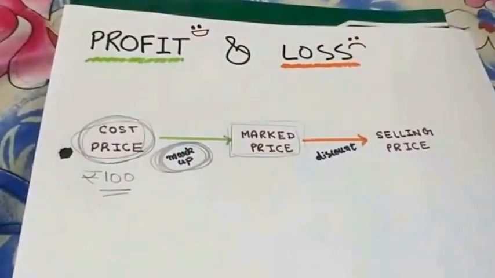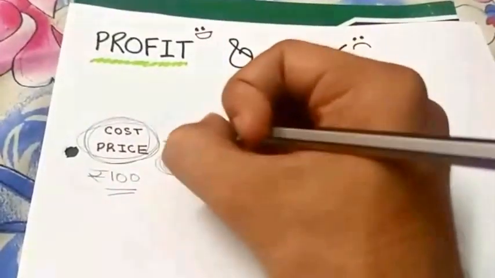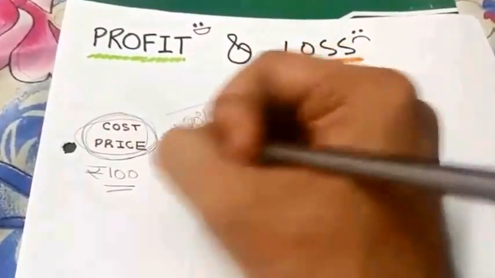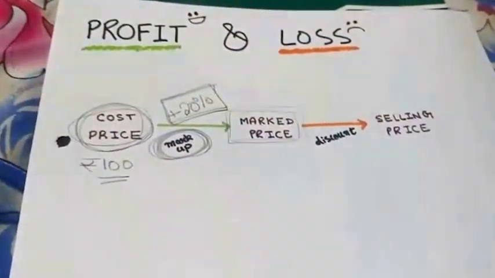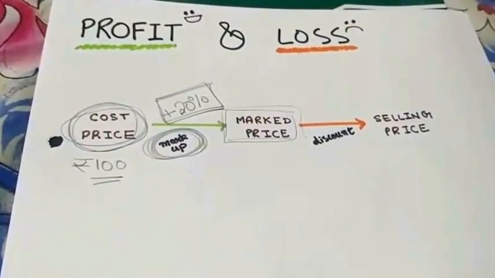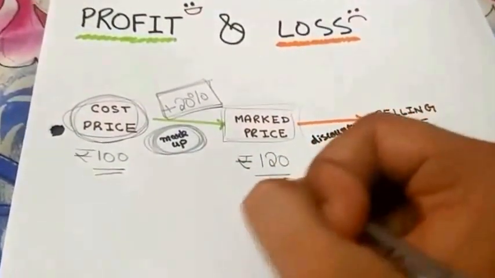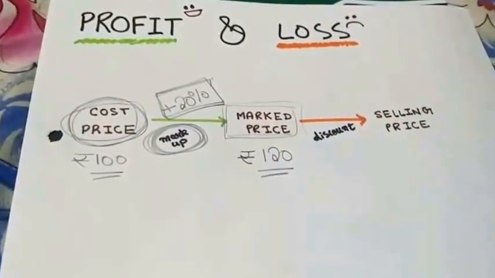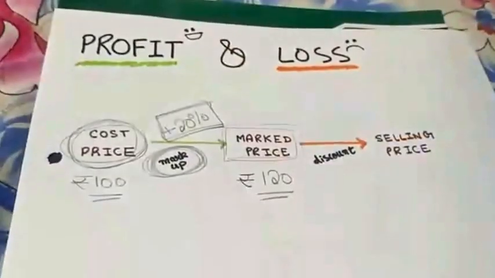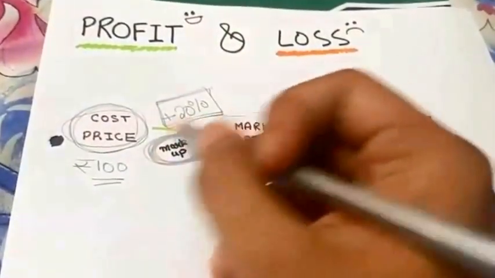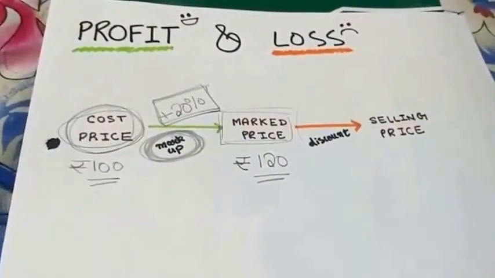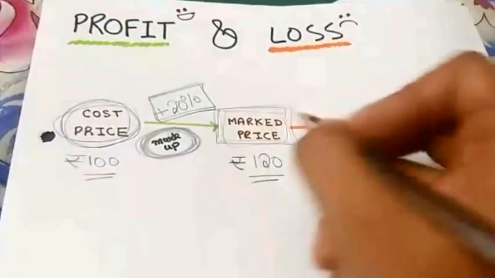Let's say he marks it up by 20%. So from 100 rupees, he would take the mark price as rupees 120. He increased the price by 20%. That increase is called the markup, and the final price is called the mark price.